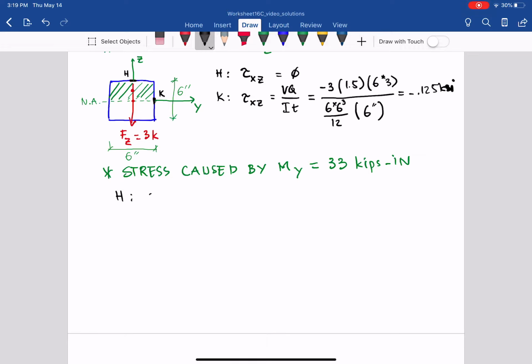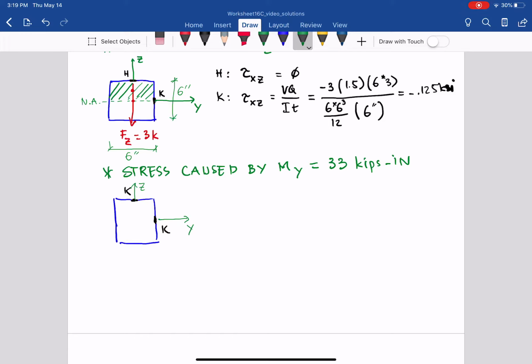So let's draw that out so we can visualize. So this is H, this is K, this is H, and this is the Z axis, and this is the Y axis.